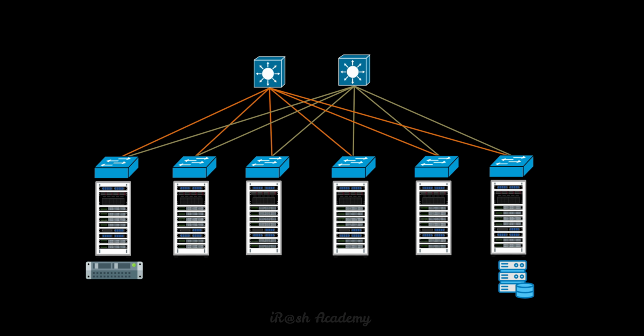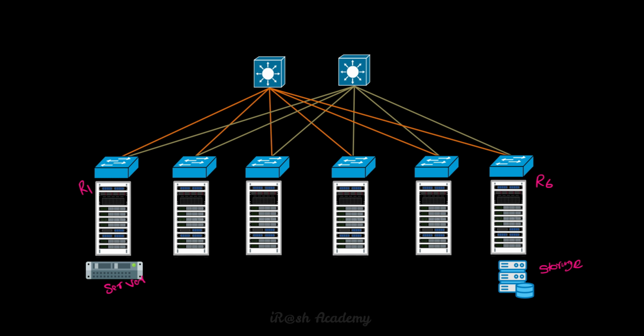To explain this, we can consider the network diagram that is showing on the screen. Here at rack 1 there is a server connected, and at rack 6 there is a storage connected. So this server wants to communicate with the storage all the time, and it needs to send heavy traffic to the storage. So if the server wants to communicate with the storage, what is the best way to go there?